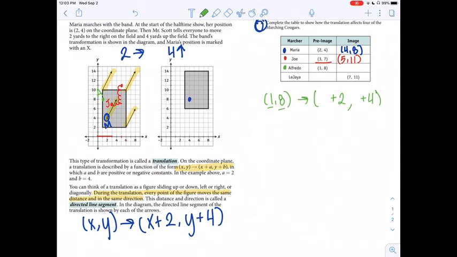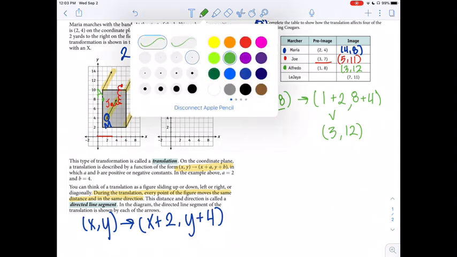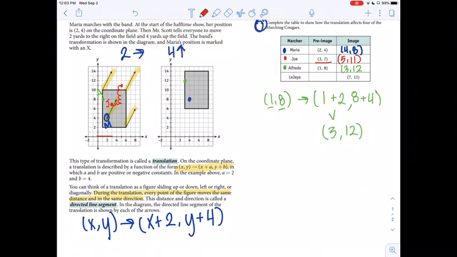We're going to plug in our values, 1 and 8. So 1 plus 2 is 3. 8 plus 4 is 12. So Alfredo's new position is 3-12. Over 3, up 12. That puts him here. Let's not forget to mark Joe's new position at 5-11.